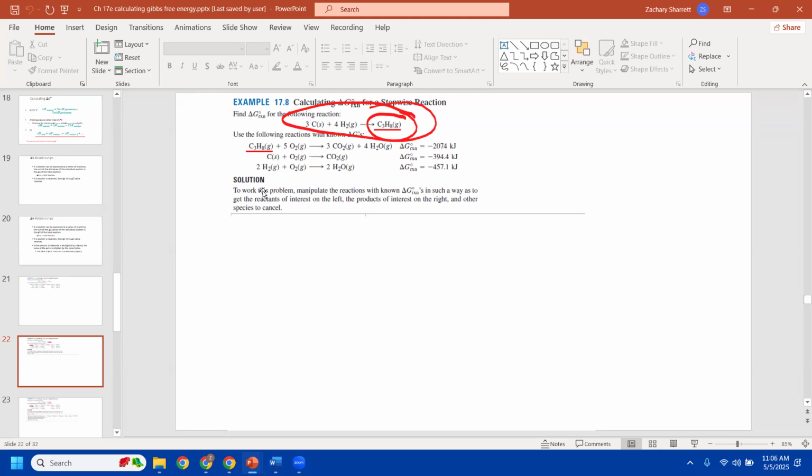Everybody see that? You see how I highlight C3H8 in the product of what we want overall, and then I find the only source of C3H8 anywhere in these three reactions. So when we add these together, if we want the C3H8 to be a product, what will we have to do, Kayla? What do you think, Nate?